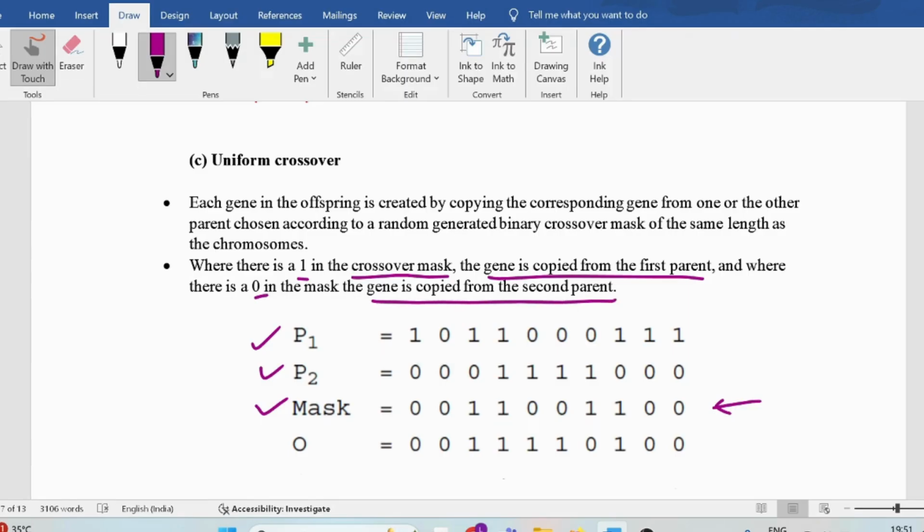As you can see in the final offspring, in the mask we have 0, so we choose from the second parent, that is this gene is coming from the second parent. If the mask has a 1, this gene is copied from the first parent. That is being done here bit by bit. So this is called uniform crossover.